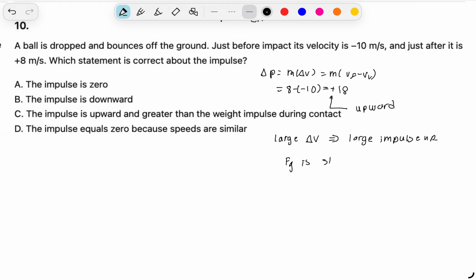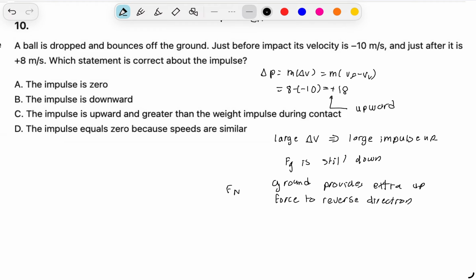Fg is still going to be down wherever you are on Earth, and your ground provides extra upward force to reverse your direction because you have that normal force, Fn. So your impulse is up, and it's also going to be greater than the weight during the contact.